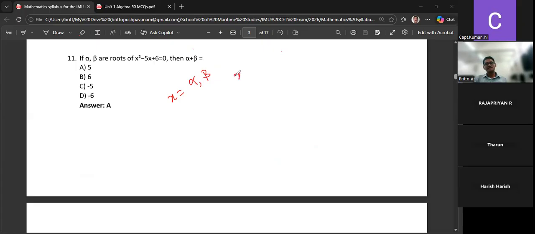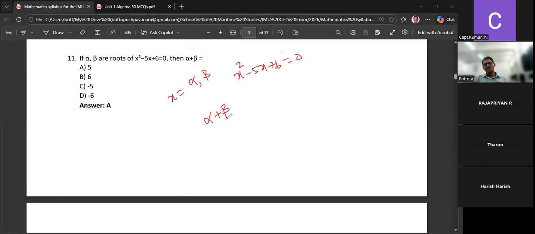The equation is x squared minus 5x plus 6 equals 0. The question is, what is the value of alpha plus beta? That means the sum of the two roots.